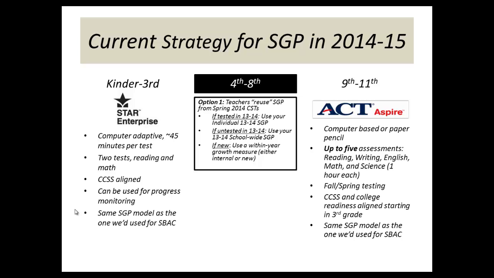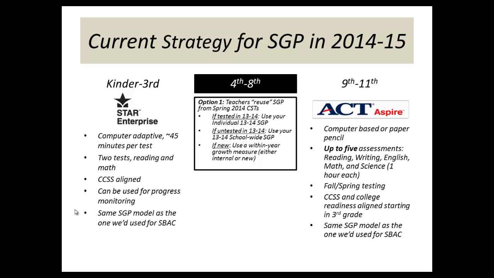If next year you were untested, so if this spring you are going to take the school-wide SGP for whatever reason, maybe you are an electives teacher, maybe you were part of a subject that was a CST opt-out, you would reuse the school-wide SGP next year.